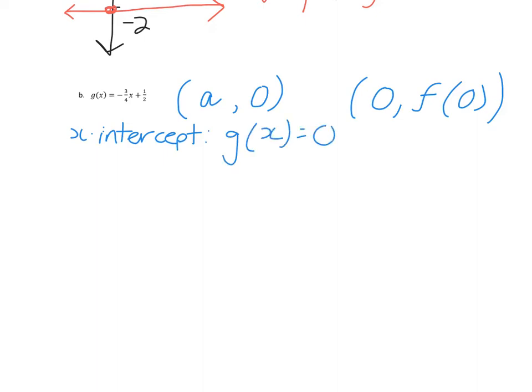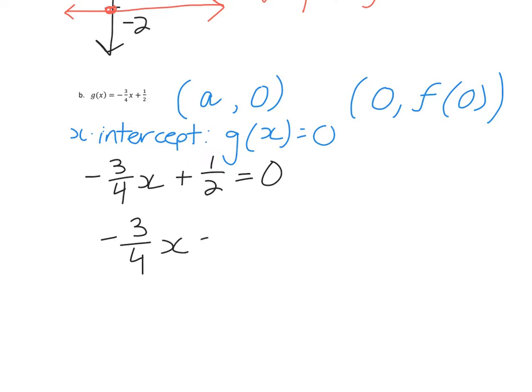So let's solve that. g of x is just negative 3/4 x plus 1/2. And now it's 0. Solve for x. Isolate the x. So move the constants to the other side. Subtract 1/2. Okay, now this time we would divide out by the coefficient, but dividing out by fractions is like multiplying by the reciprocal.